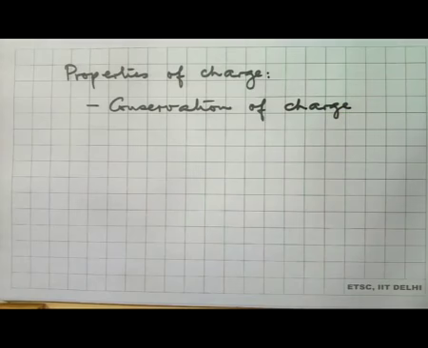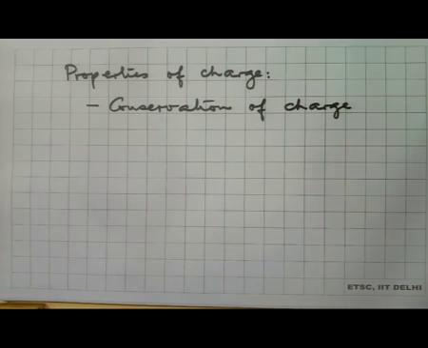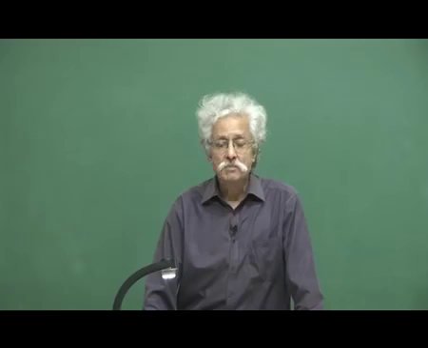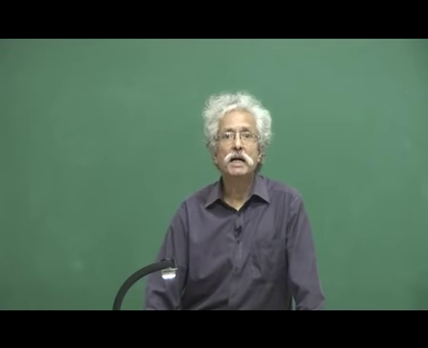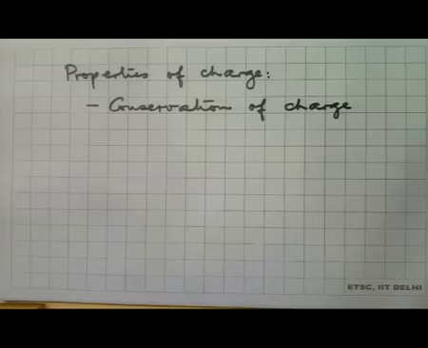If you take an isolated system with certain charges, then the total charge in that isolated system does not change. By isolated, I mean you do not allow any charge to come from outside into the system or any charge to leave the system. This says that the total charge within the isolated system is constant.